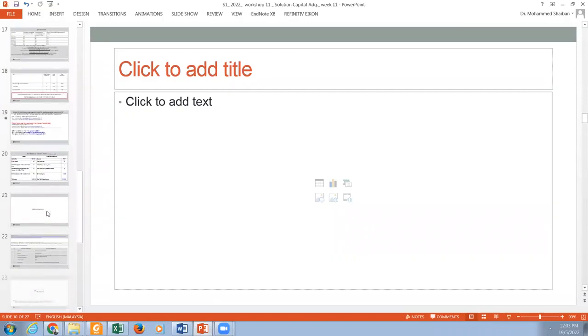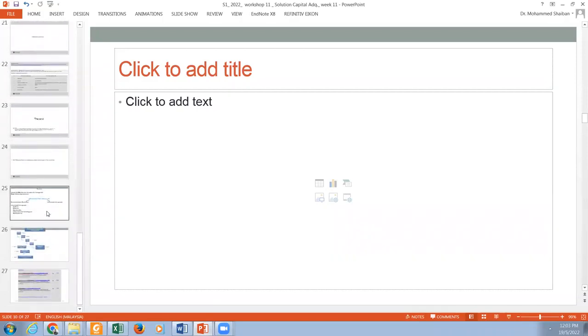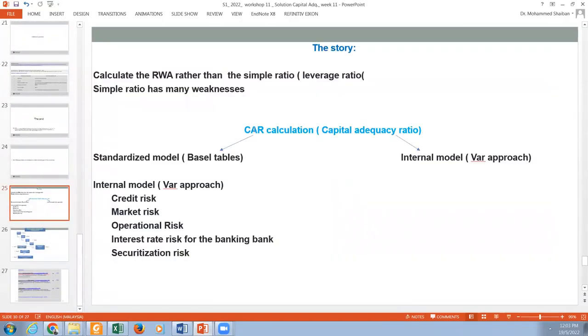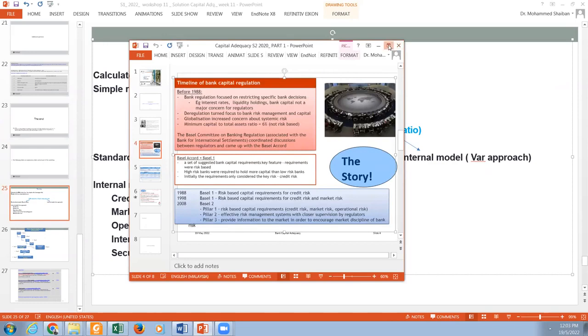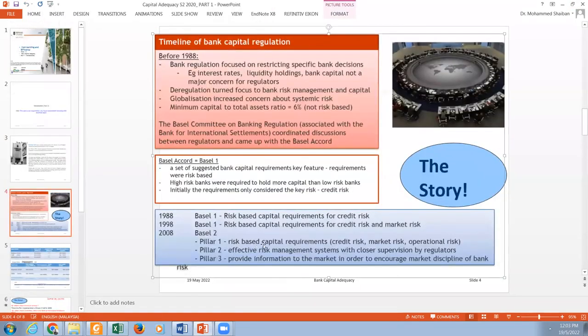See, I explained this in my tutorial yesterday. When we want to calculate capital adequacy and all these Basel issues, we calculate the pillars, which is pillar 1, the risk-based assets. We are not talking about pillar 2 and pillar 3.